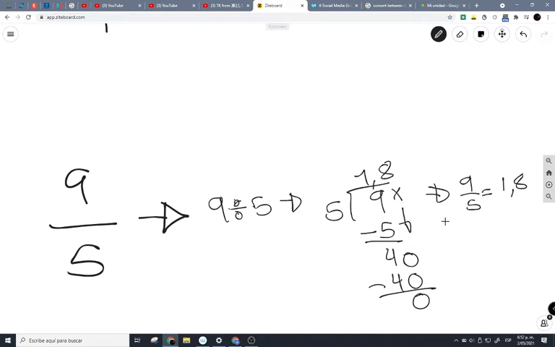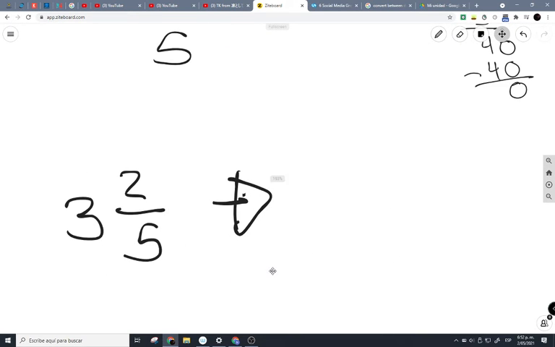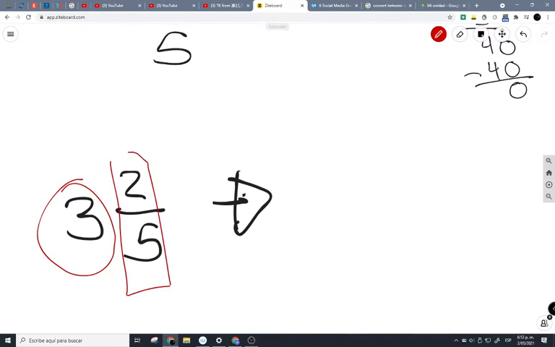Now, for our last example, I have a mixed number here. You have to understand that in a mixed number we have an integer part and a fractional part. Remember that here's an invisible addition, as I told you in the classes of last year.